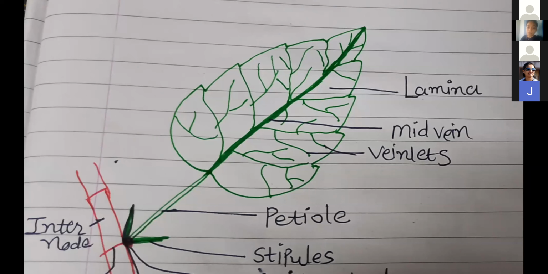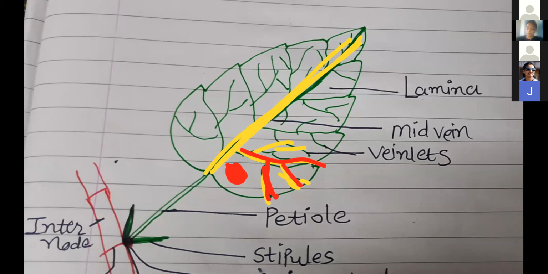Yes, ma'am. That is the venous system. If you have not observed, take any leaf and observe that main vein region, the midvein and their veinlet part. When you touch this, you can make out this is the hard region.